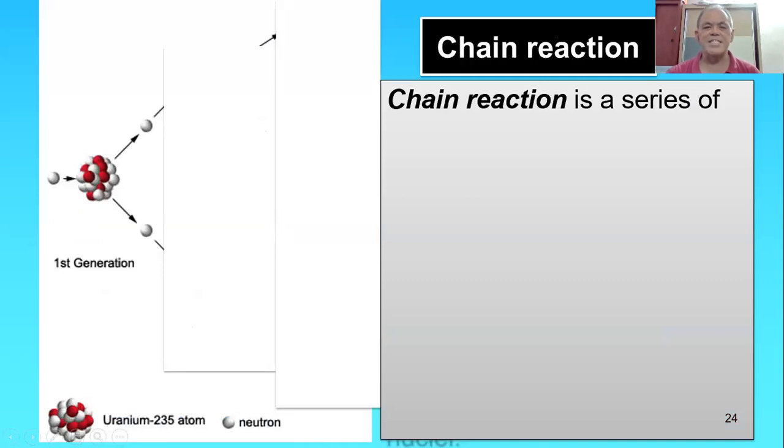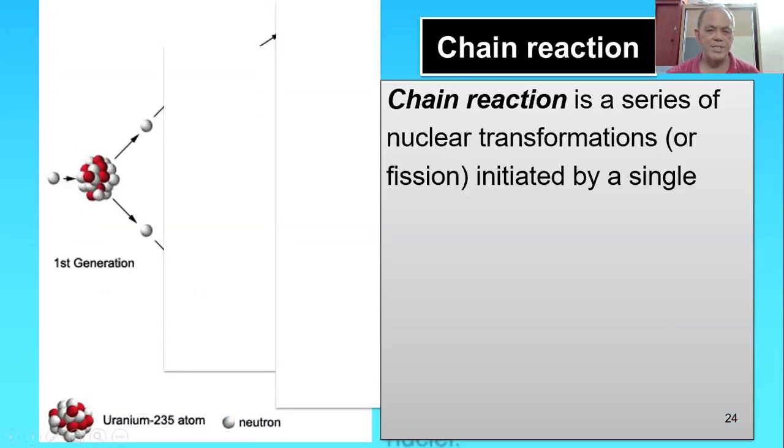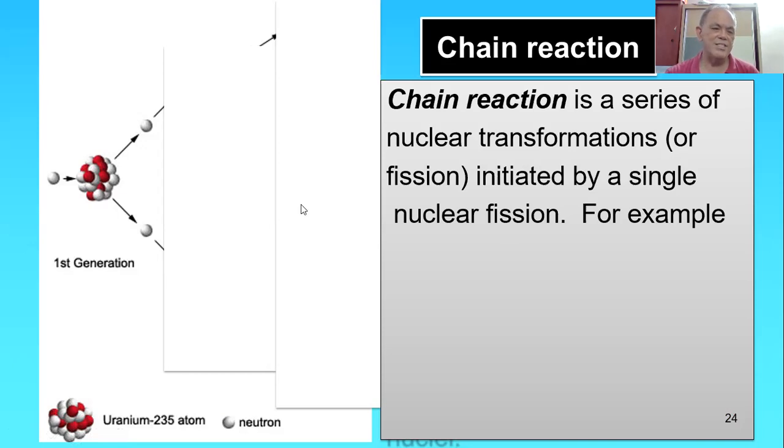Right? So a chain reaction is a series of nuclear transformations or fissions initiated by a single nuclear fission. Is that like this one? That's your thermal neutron. There's a thermal neutron.